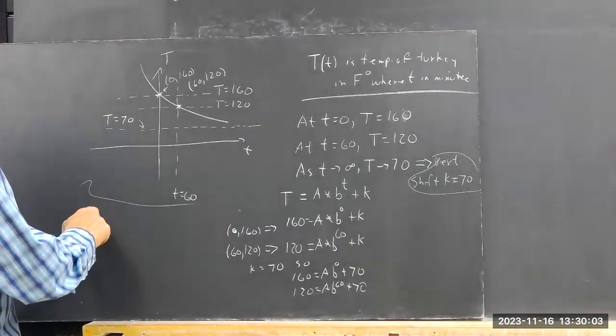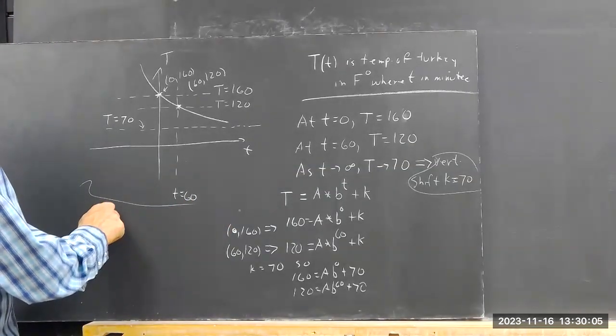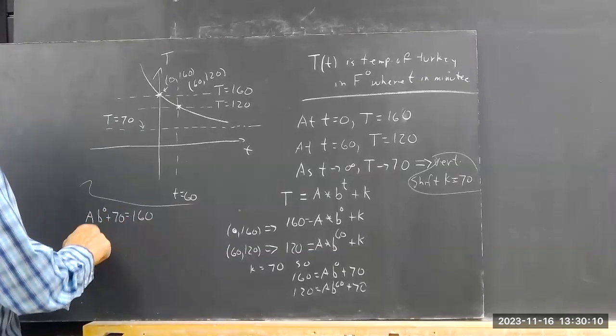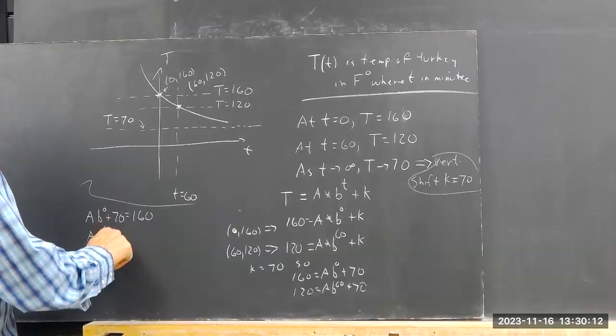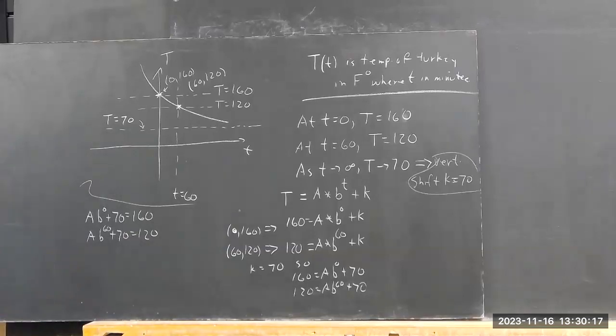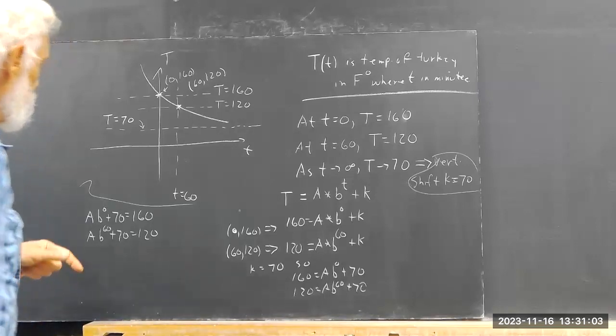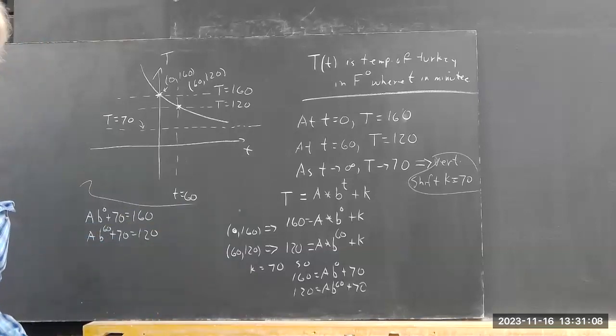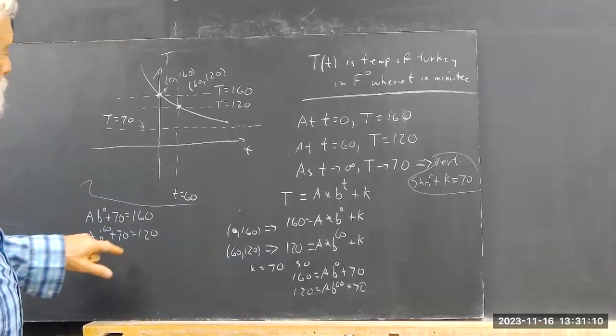So we have these two equations. What's the first thing we want to do? Really the first thing we want to do is get this into an a b to the t equals form instead of an a b to the t plus some number equals form.